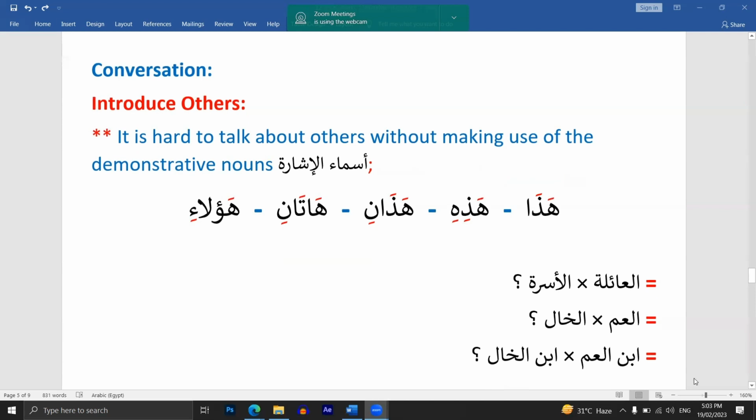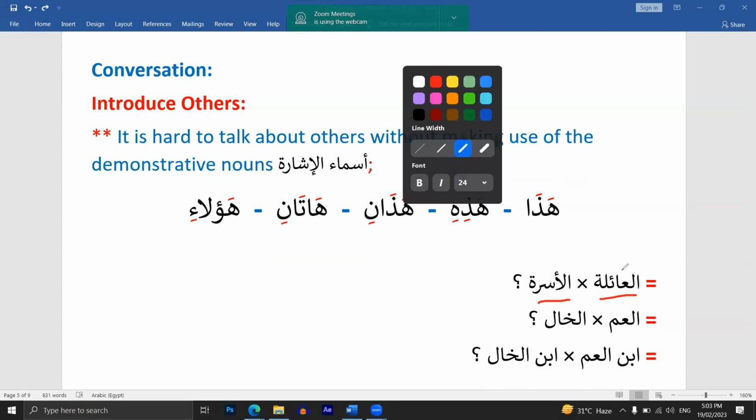So first, I want to clarify the difference between 2 concepts, al-a'ilah and al-usra. Who can tell me the difference if you know? I think all of you almost know the difference. I think Usra is a husband, wife, and children, and Aila is a whole family. Yes, exactly.